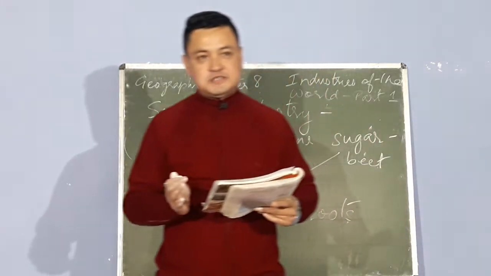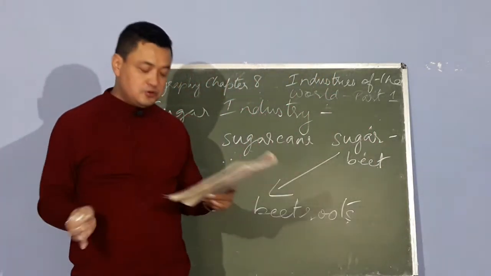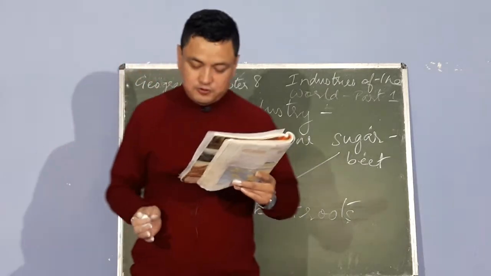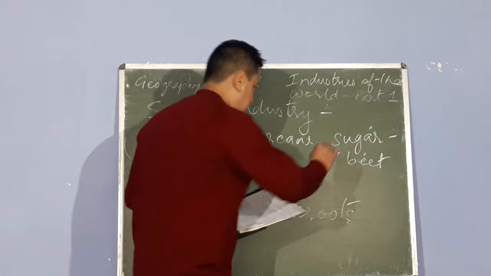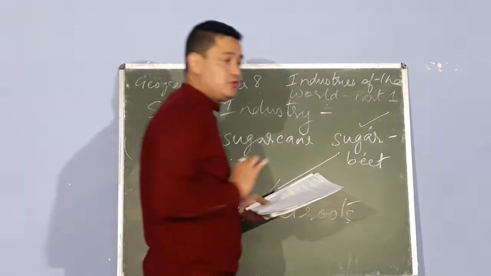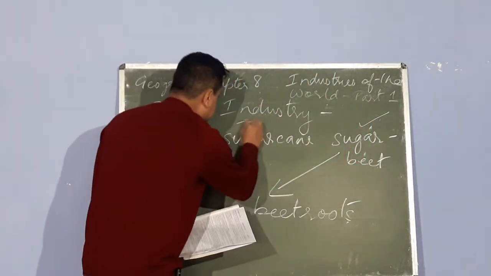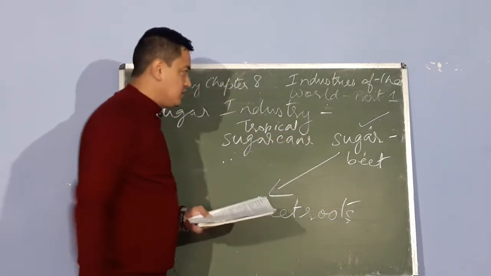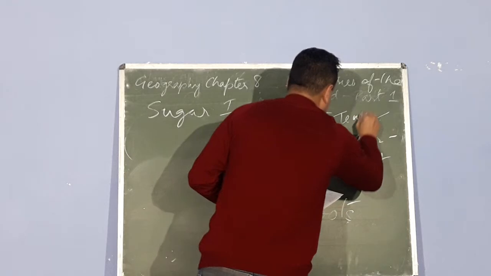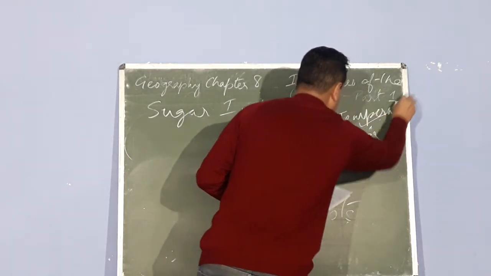So these countries use sugarcane for producing sugar, whereas the temperate regions use sugar beet.